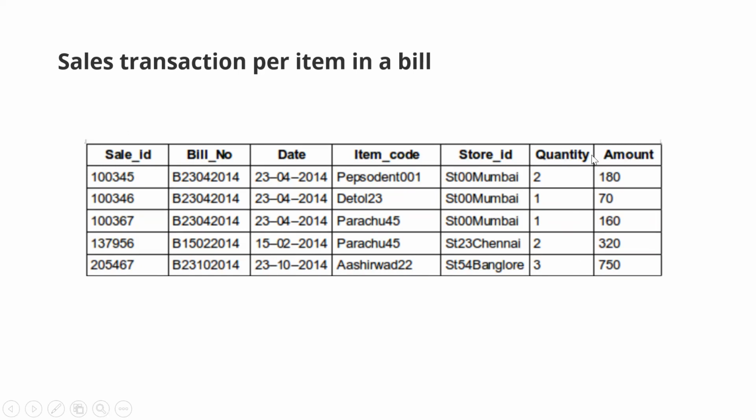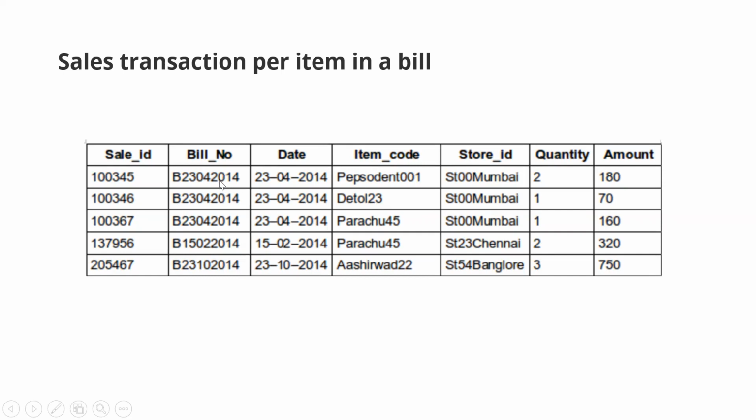And those two are fact information, kept in this fact table. So what is the grain of this fact table? Sales transaction per item in a bill. So one particular row signifies this kind of thing. Sales transaction per item in a bill.